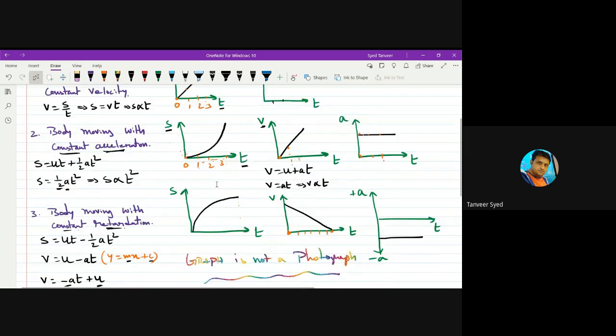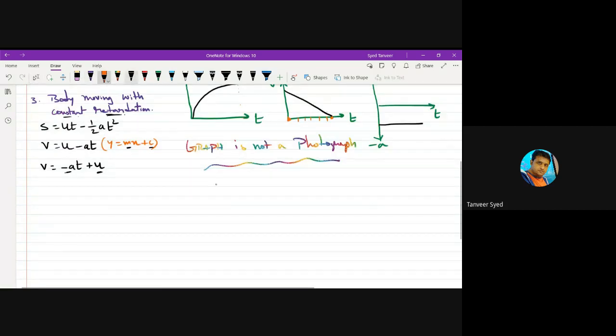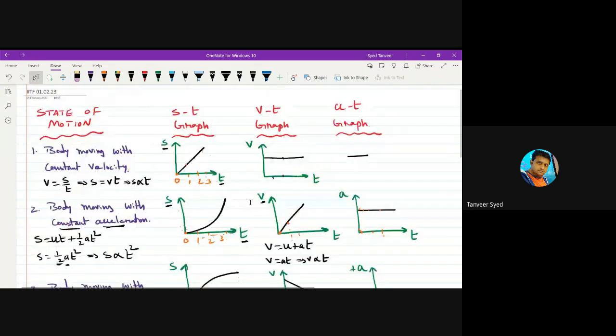Right. See, suppose I take an ST graph, this graph.